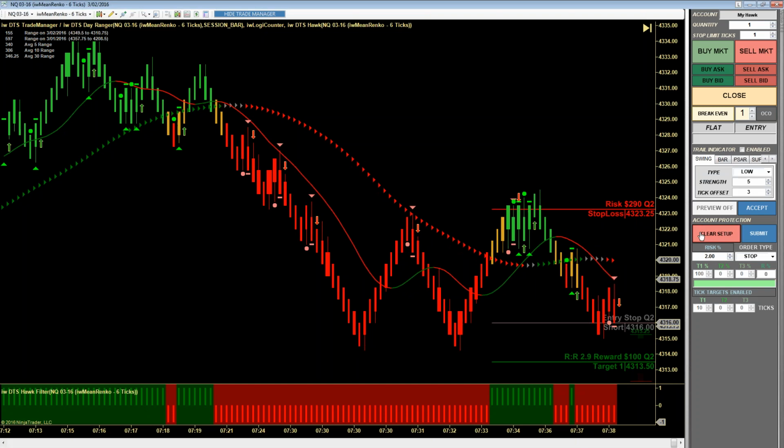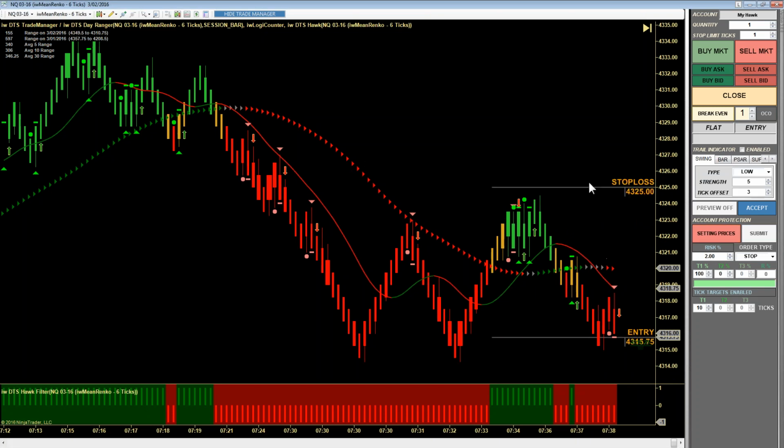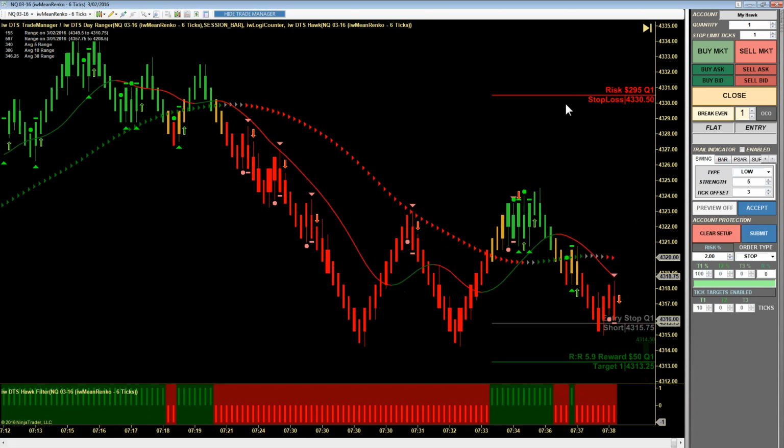What if I place my stop way up here? Oh, it's still around $300. But did you notice what changes? The risk stays constant, but your position size changes, right? I go from 6 contracts with my ultra tight setup to 3 to 2 to 1.